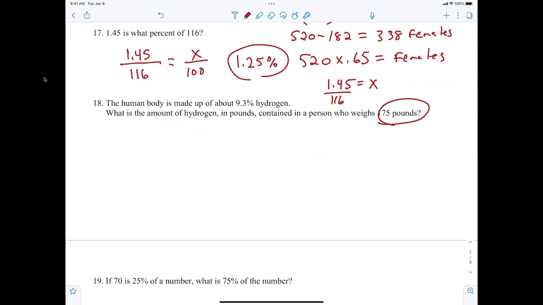So you can do 175 times, there's two ways to do it, but 0.093. You're awesome. That's the way it should be done. All right. That is the answer. You multiply the total times the percentage, and that breaks it down into parts. So what does that come out to be?